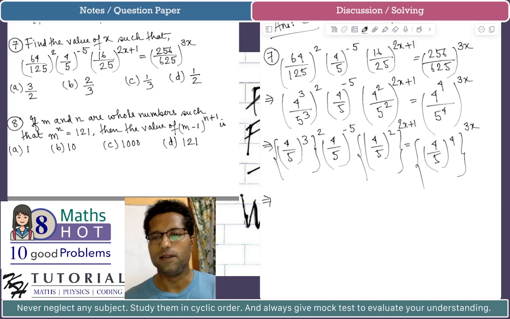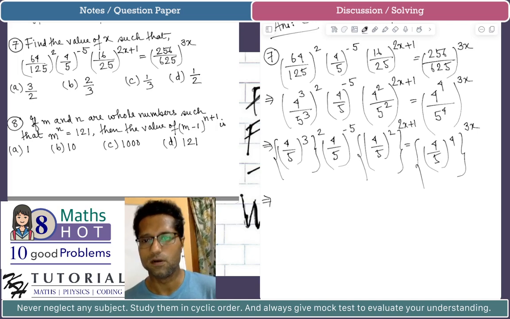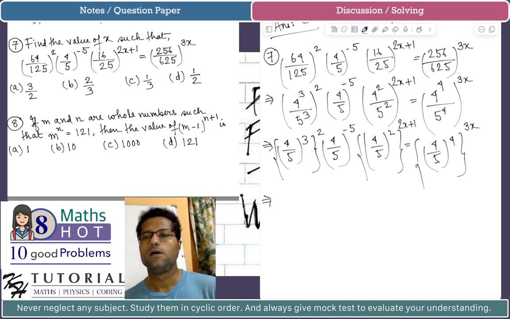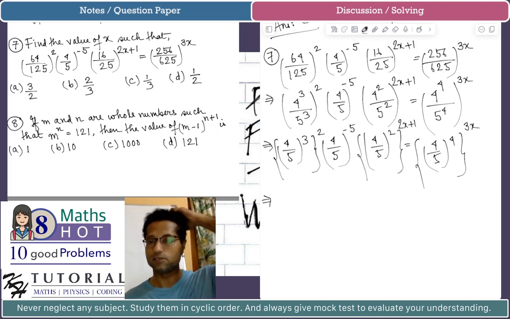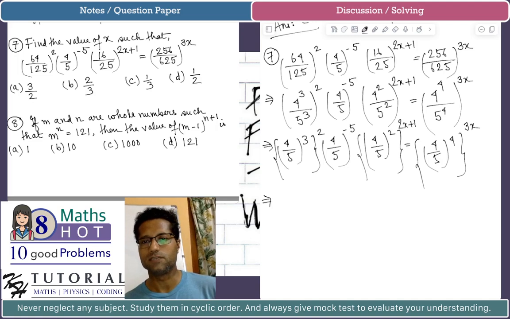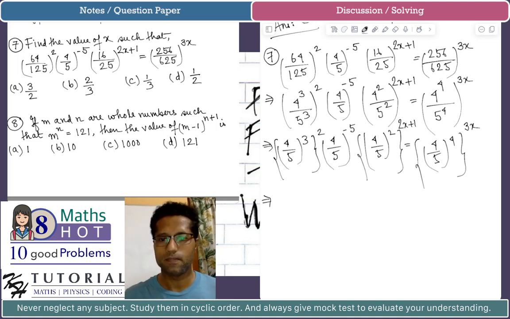So it is a very obvious choice that after converting the terms on the left hand side and the right hand side into single exponential terms, the base on both sides will be 4/5.